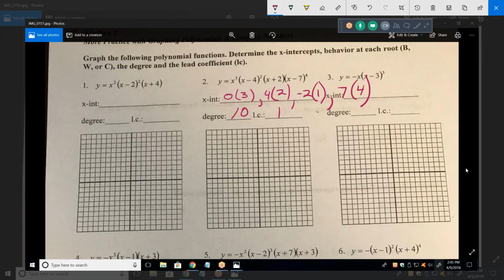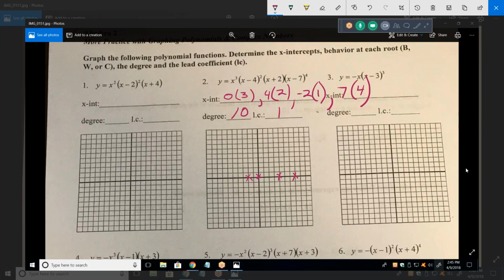All right, so let's see if we can graph this. We're going to need one further thing, and that's end behavior. But the very first thing we should put on there are the x-intercepts. Okay.